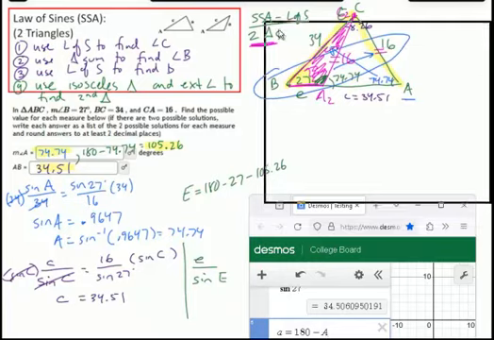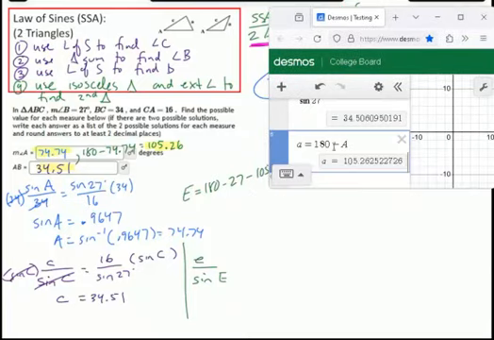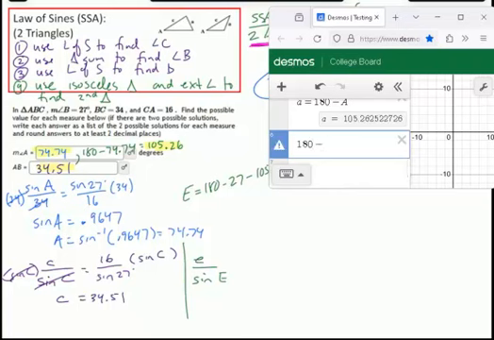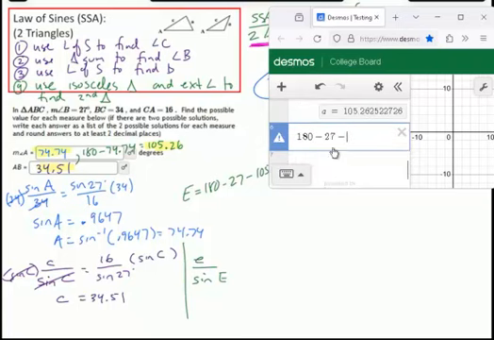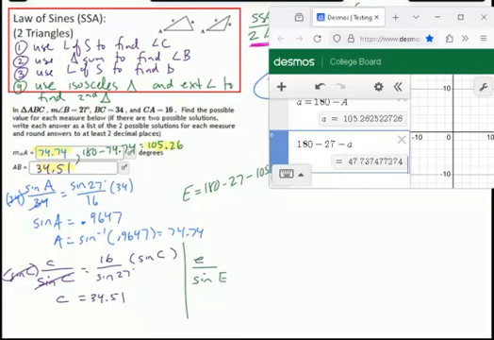And so if I take 180 minus the known angle 27 minus this angle that I just calculated here, which I called lowercase a, in my calculator I get 47.74. And so that is my new angle.